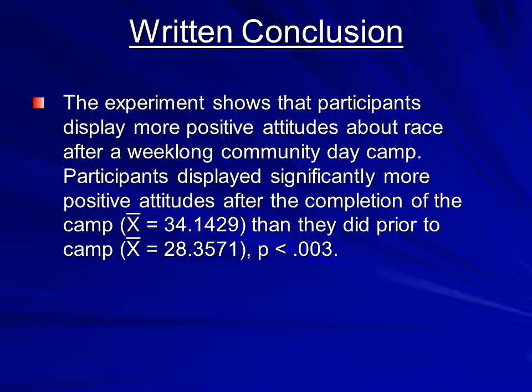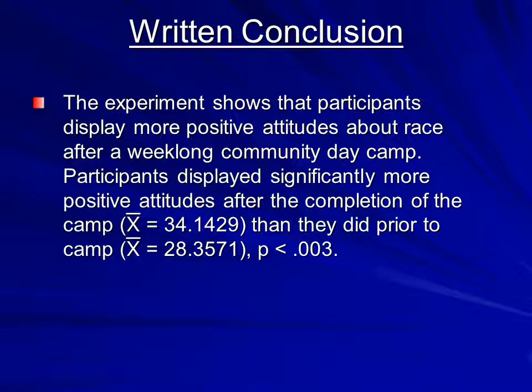So what's going on here? The background for this is that we've got students going to a week-long community day camp focused on race attitudes. So imagine, I don't know how many kids these were, let's say there's 50 kids that went to this camp.